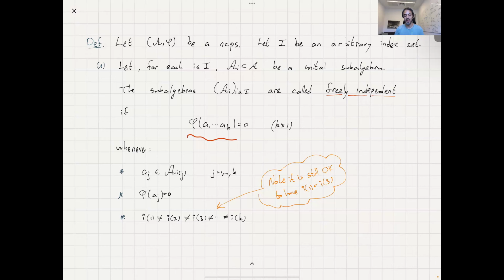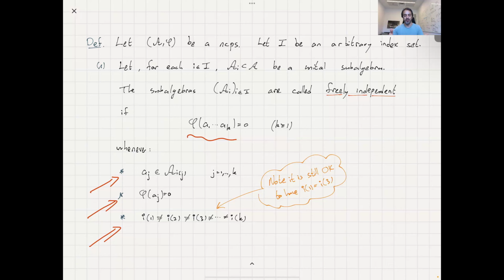It just tells you that if you take freely independent random variables, so that's actually the definition, that are, first of all, centered, which is not a big deal since you can kind of center them, and secondly, there are no consecutive elements coming from the same algebra, then something happens: phi of that product is 0.